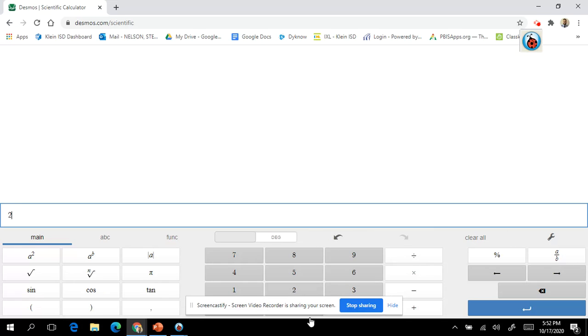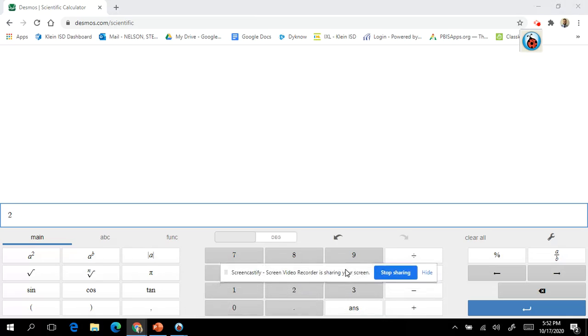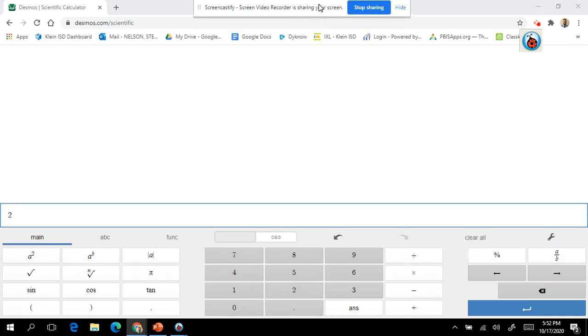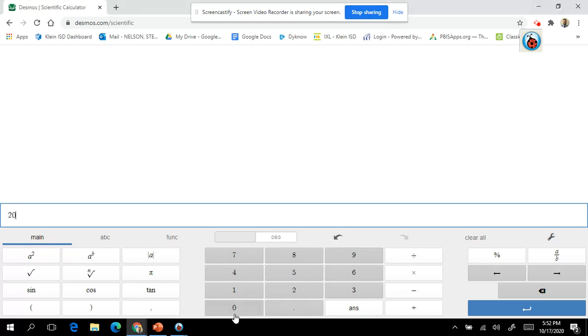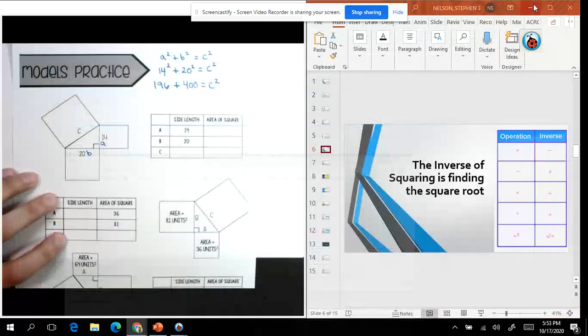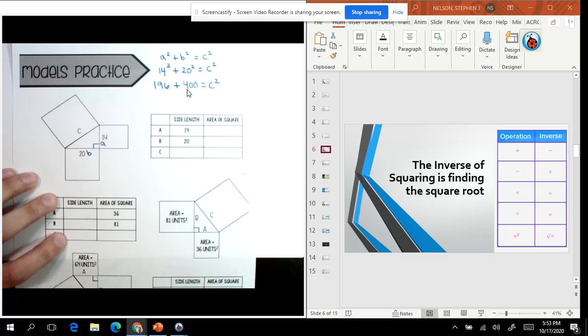So we get 20 squared, which is 400, is equal to c squared. So the way we're writing that out is 196 plus 400 equals c squared.